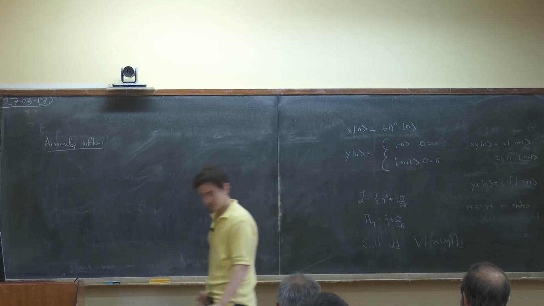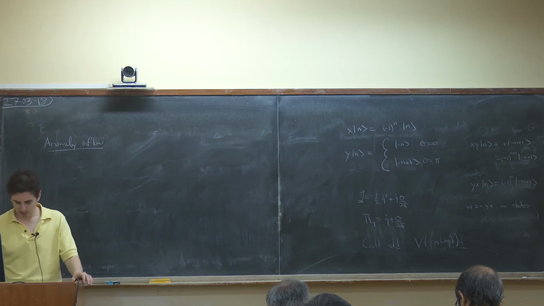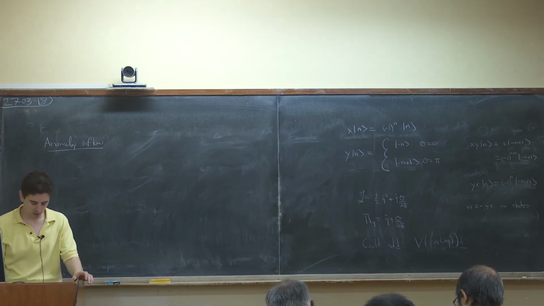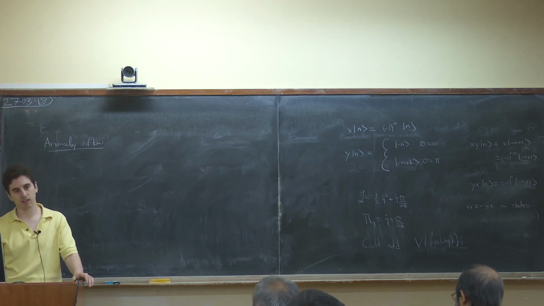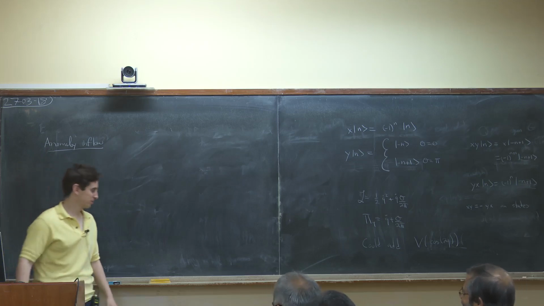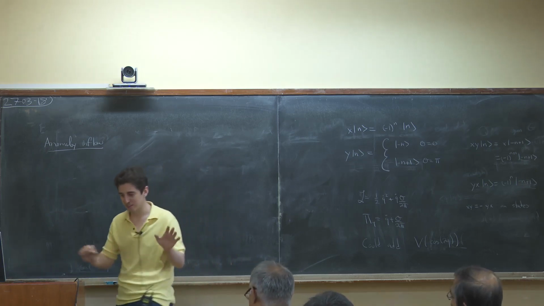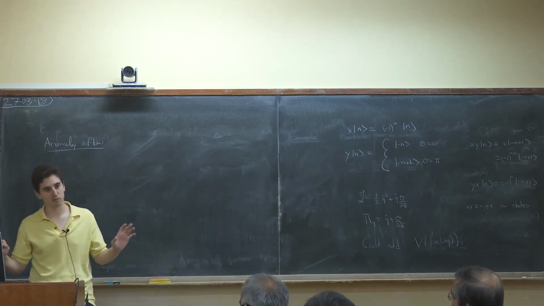How can I know the anomaly just by looking at the interaction? Good, that's an interesting question. You're asking for the analog of the triangle diagram calculation. One of the exciting things about this field is that this isn't known.